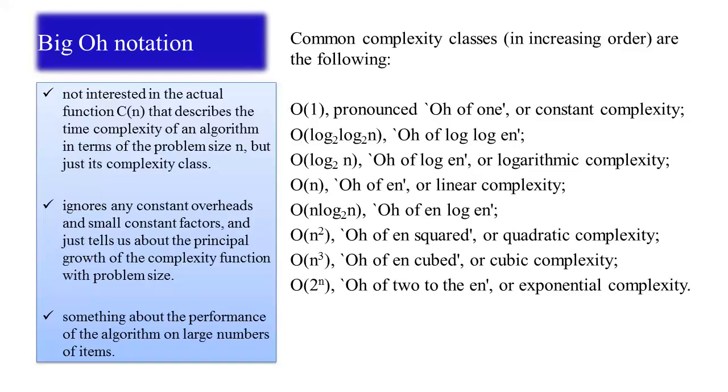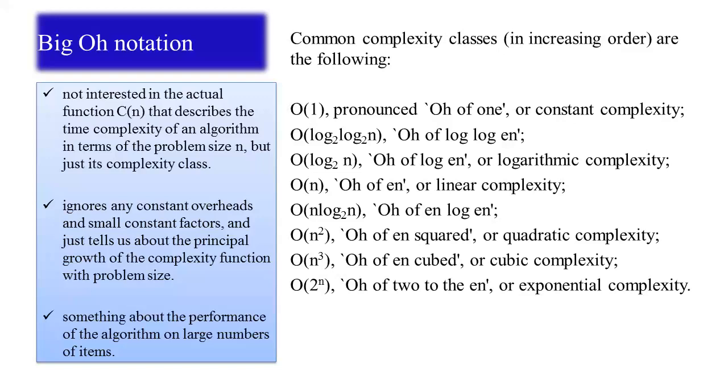Now let us look into some of the complexity classes. The complexity classes are O of 1, and you should pronounce it as O of 1. O of log n, where the base of the logarithm is always 2, is the logarithmic complexity.